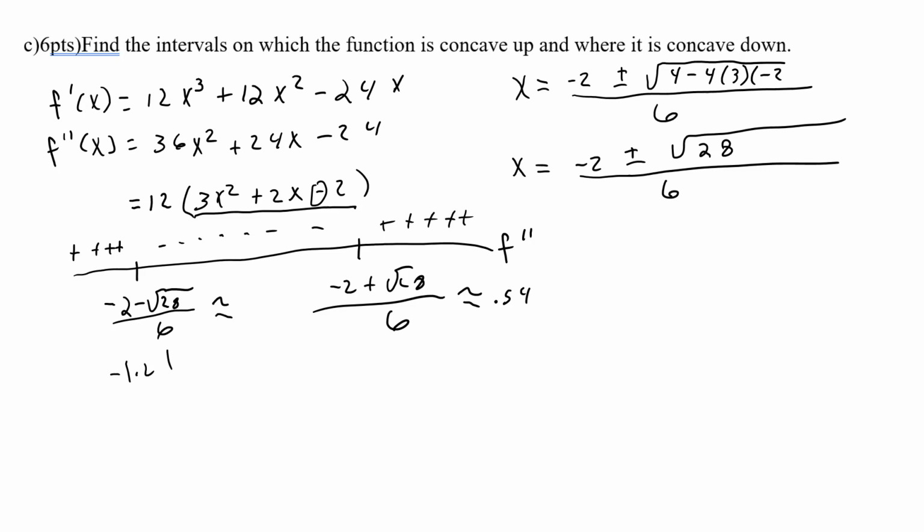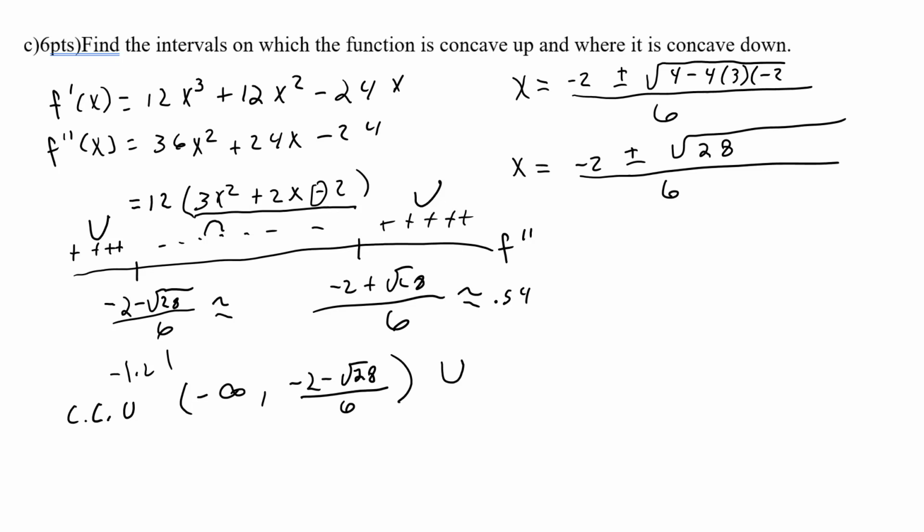Don't forget to answer the question. Find the intervals on which the function is concave up. So wherever it's positive, it's concave up. Wherever it's negative, it's concave down. Okay, so then concave up on the interval from negative infinity to -2 minus the square root of 28, all divided by 6. And we don't include the endpoints for concavity.